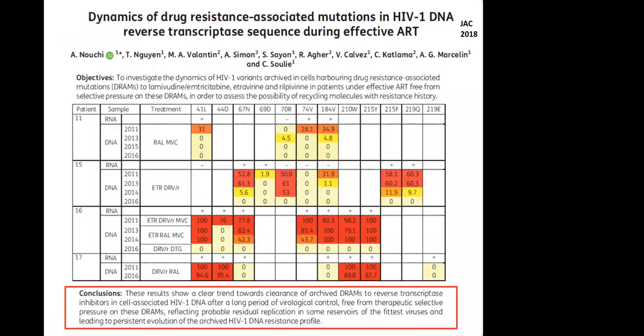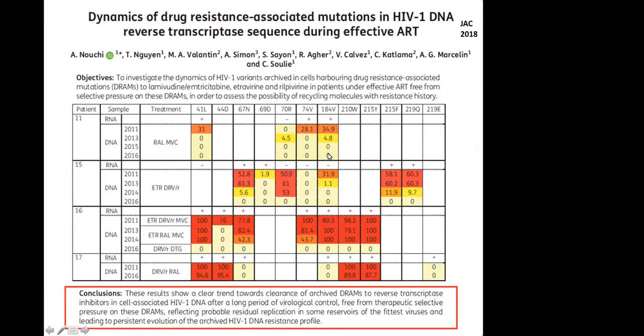And this new technique was also used to look at the dynamics of detected HIV drug resistance mutations in proviral DNA. In this publication, they were able to see the decline in the frequency of mutations. This was 35%, and after 2 years, it was only 5%.